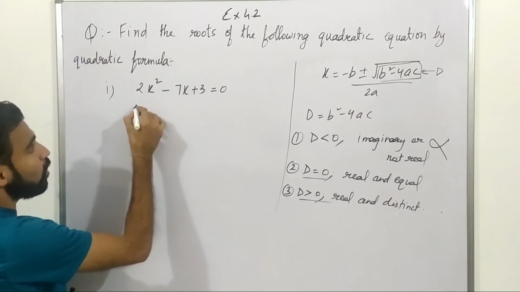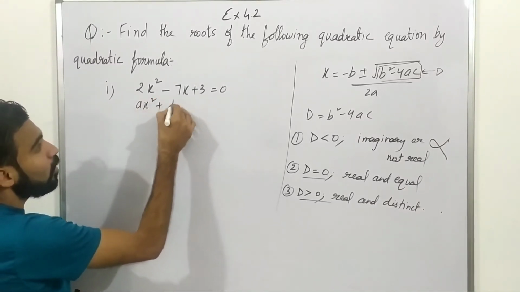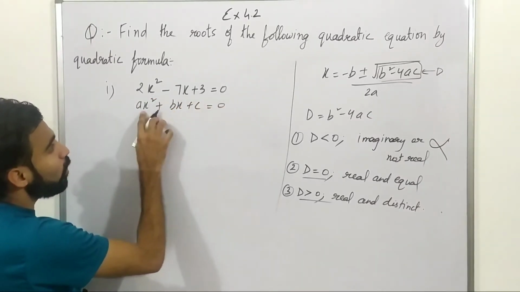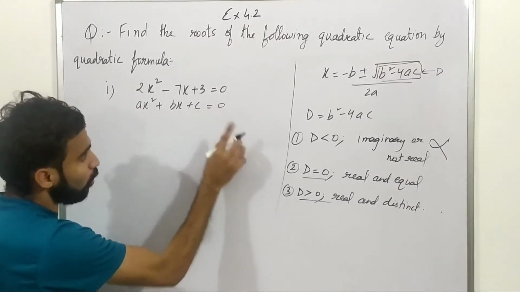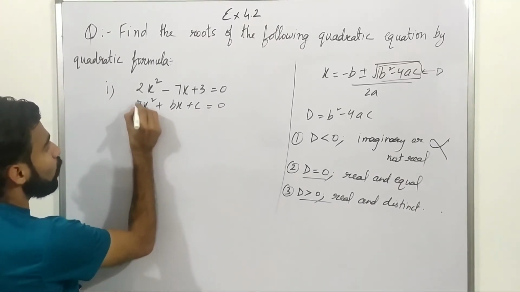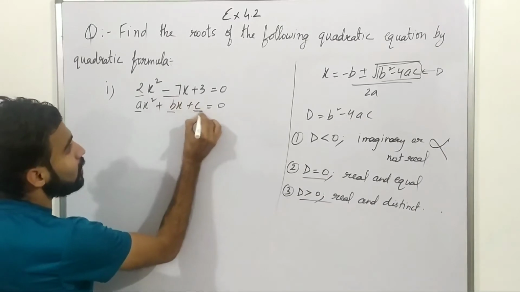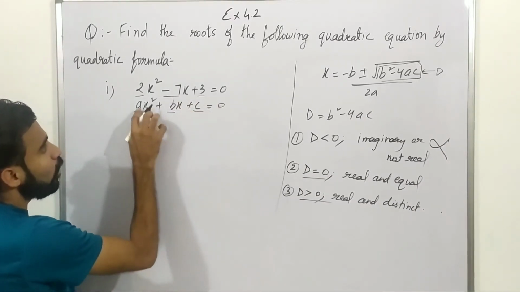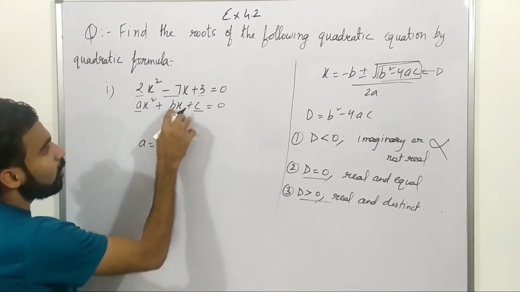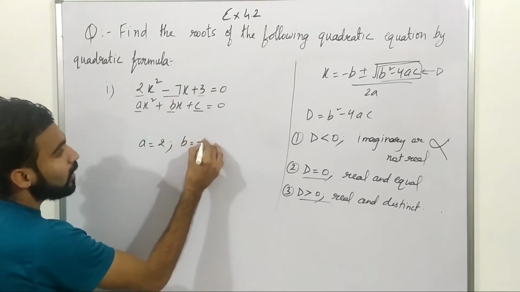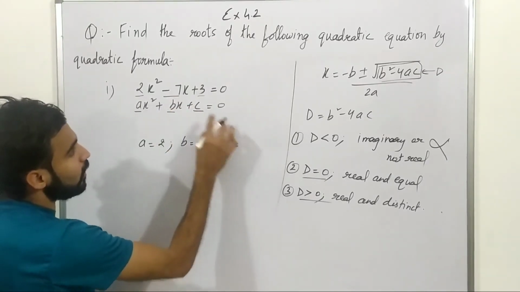For that, you have to compare this equation with the standard format, that is ax square plus bx plus c equal to 0. Now, you can easily extract the values of a, b and c here. So you can see the value of a is 2, the value of b is minus 7 and c is equal to 3.